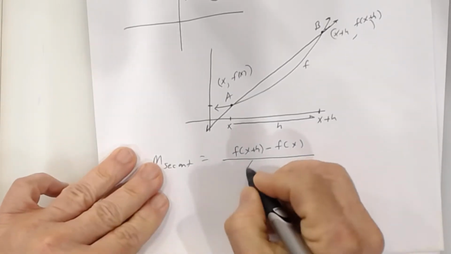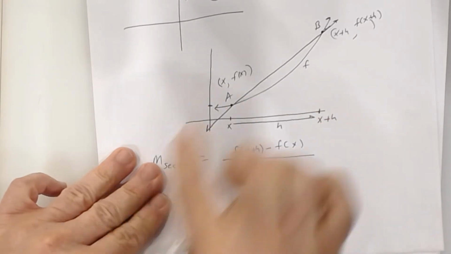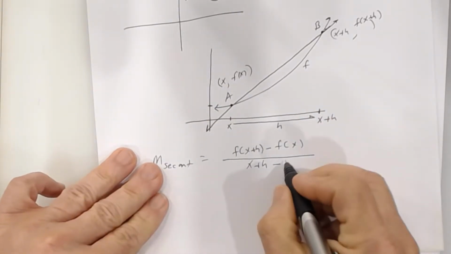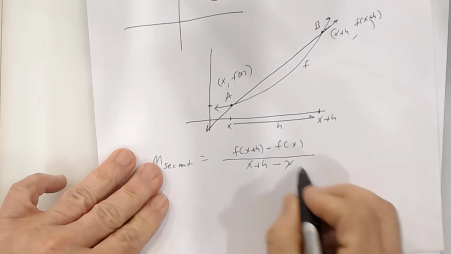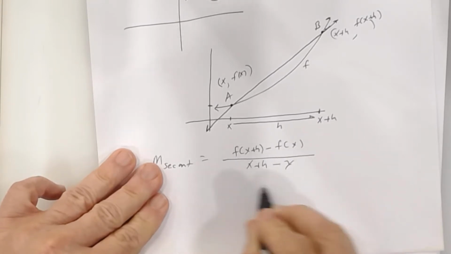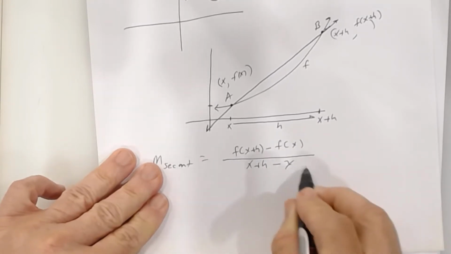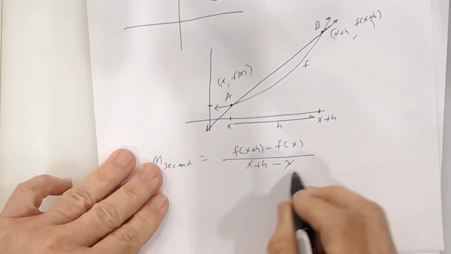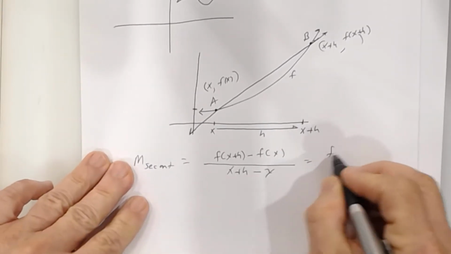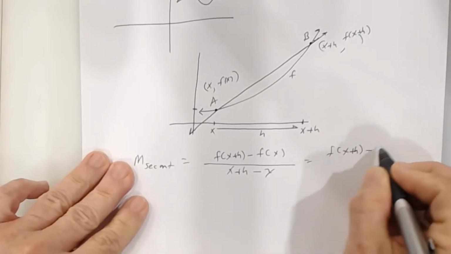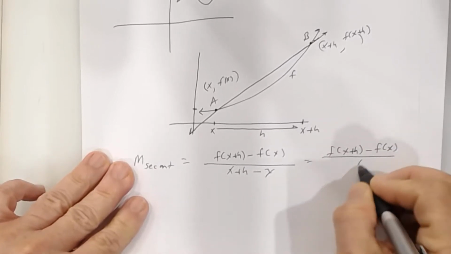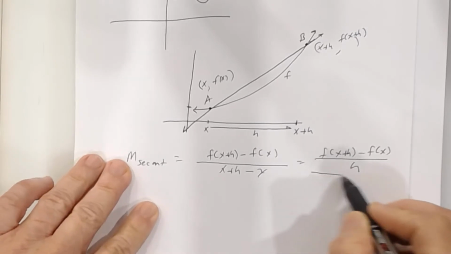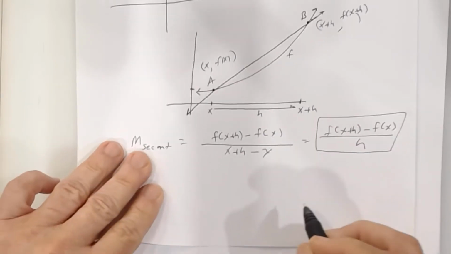X plus h minus this x coordinate, which is x. What do you notice about your denominator? What is that denominator simplified to? H. So this is f of x plus h minus f of x all over h. This right here is the difference quotient.